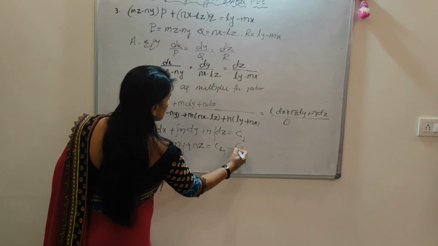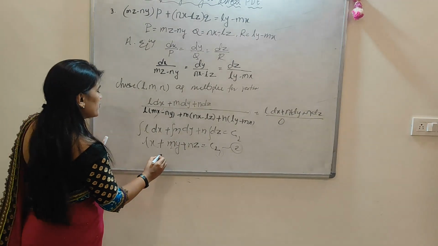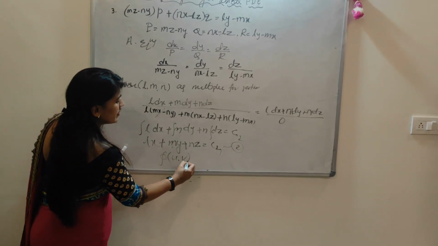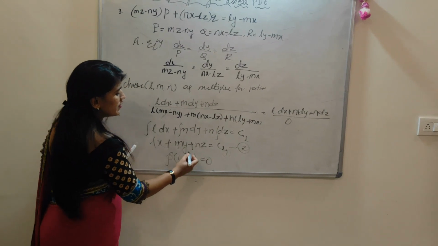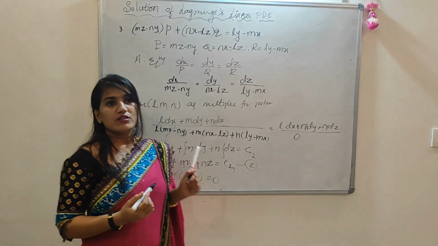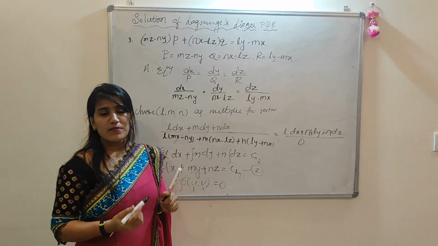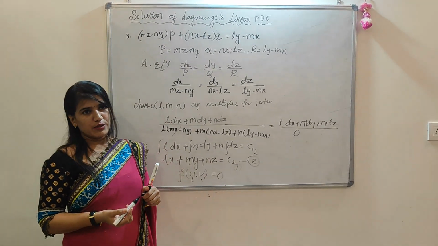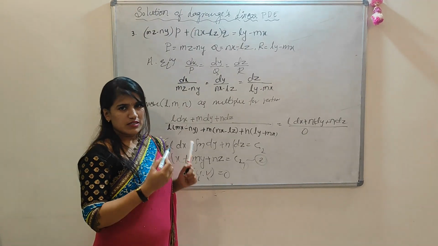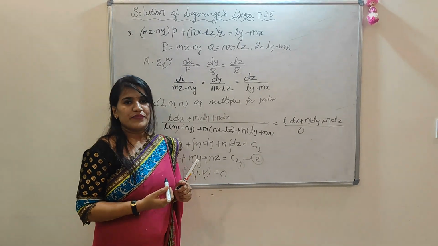So, this is our second solution. After that, we have to put it in the solution phi of u comma v equal to 0. u and v are the two solutions we calculated. We have to put them here. So, in this kind of problem, choosing the multipliers is very important. It depends on the denominators. We have to select the multipliers accordingly. Okay. Thank you.